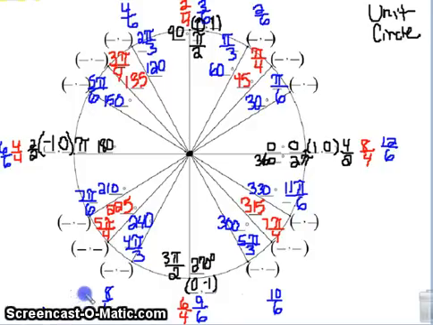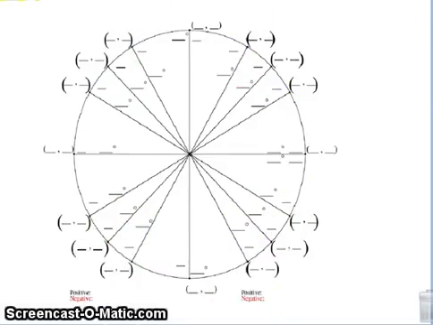Now, our other coordinates are actually going to use something that you learned back in geometry in order to find your measure. A long time ago, many, many moons ago, you talked about 45, 45, 90 triangles.